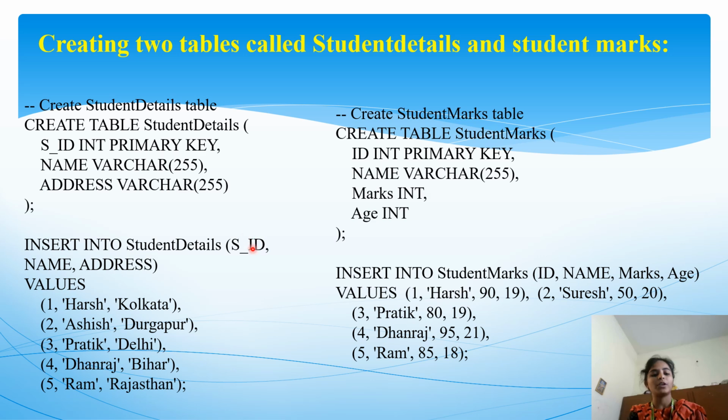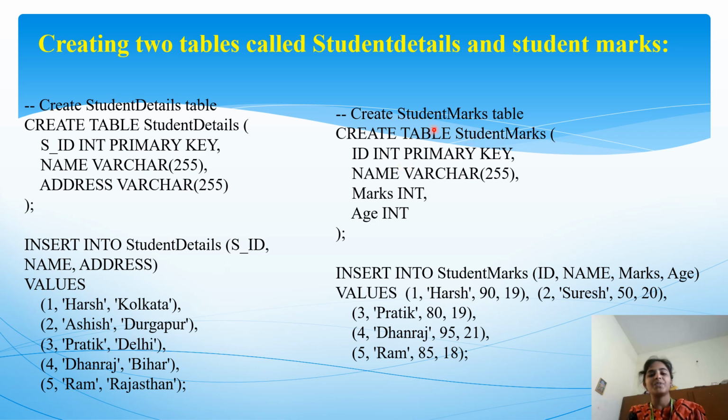Here we have to give the names which we defined previously when creating the table. Then only it can be accessed. Otherwise, it won't be allowed to create rows. So next, first here we have one, Harsh and Kolkata. That means the first line will be created as one row, and here we have inserted 5 rows.